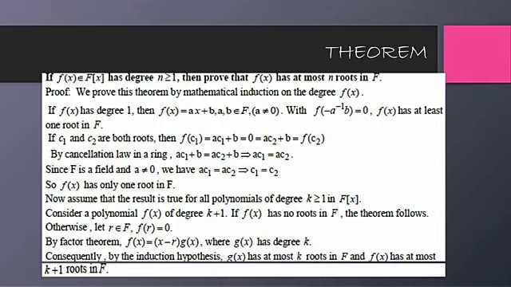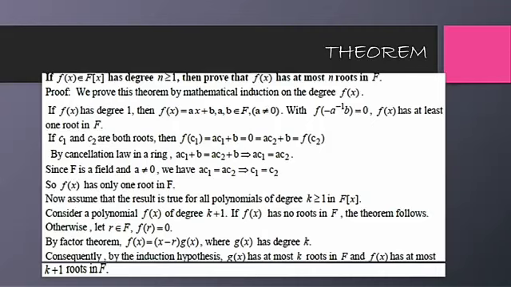Since F is a field and a is not equal to 0, again you apply the cancellation law. So a c1 is equal to a c2, which implies c1 is equal to c2. So f of x has only one root in capital F. Right? So c1 and c2 both are the same. So I can say there is only one root here. So for 1 it is proved.